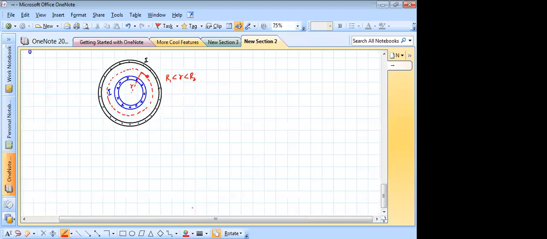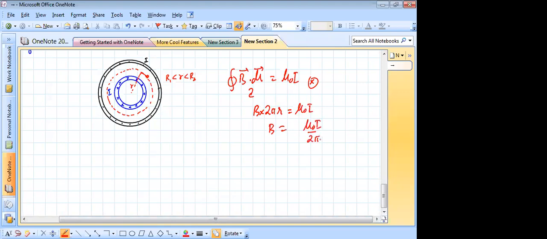Our integration B dot dl will become mu naught I. Okay. I is going into the plane, so this is clockwise. So B into 2 pi r will become mu naught I. So B will become mu naught I upon 2 pi r. But that is for this region between capital R1 and R2.